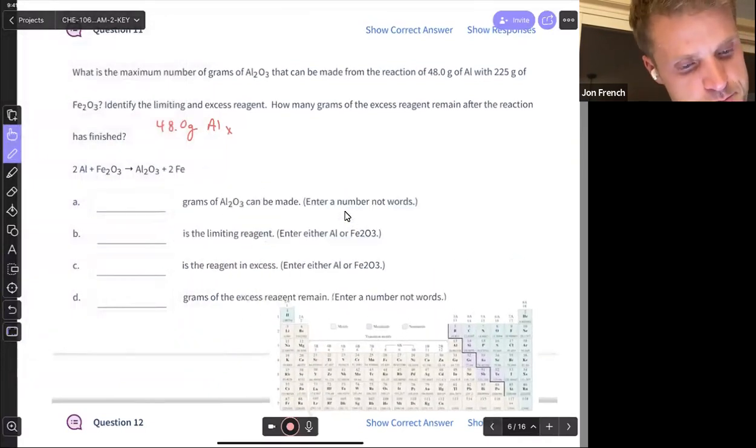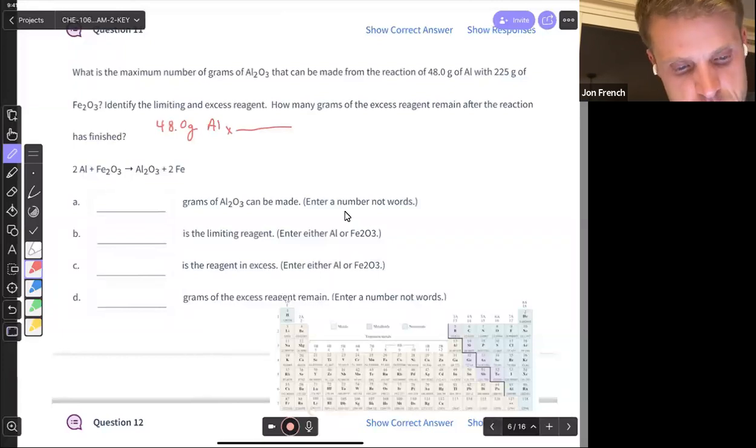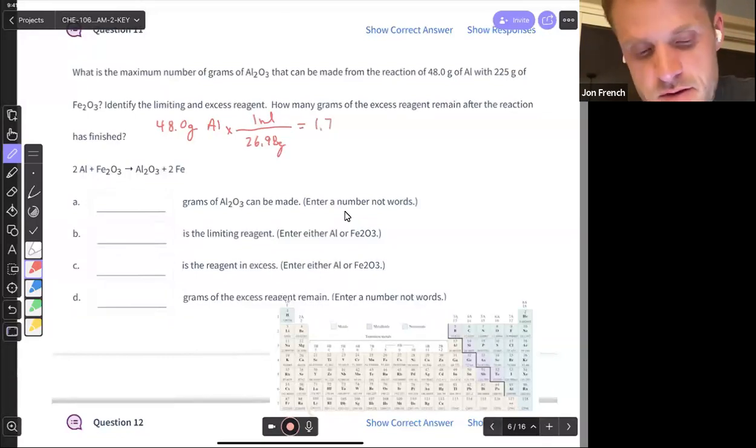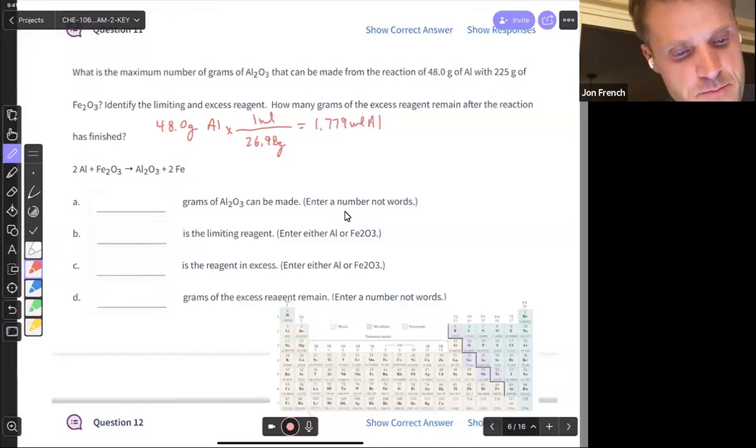Aluminum is 26.98 grams for 1 mole. So 48 divided by 26.98. We've got 1.779 moles of aluminum.